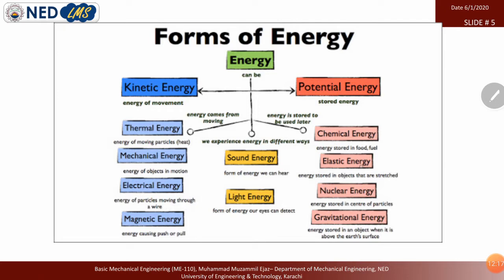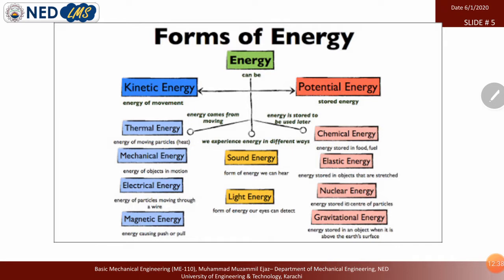Then the elastic energy in a spring system, for example when the car experiences a brake or a speed breaker, the spring suspension stores the energy and then releases it after the bump.